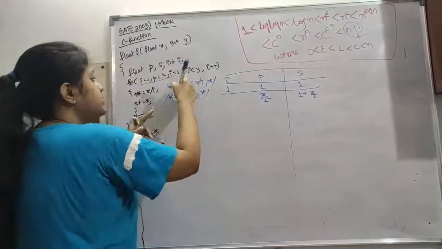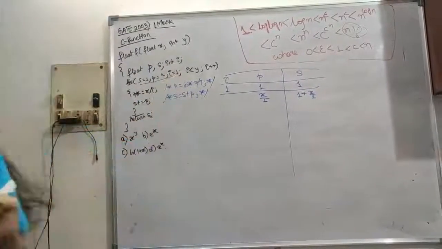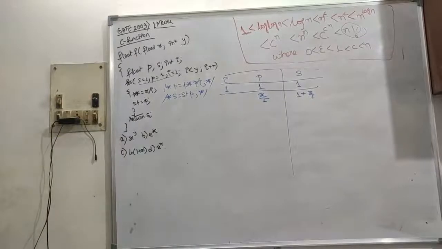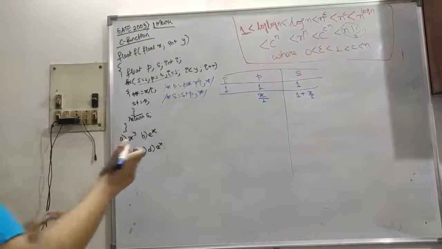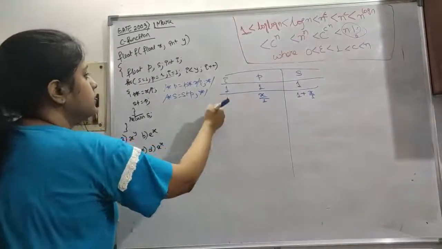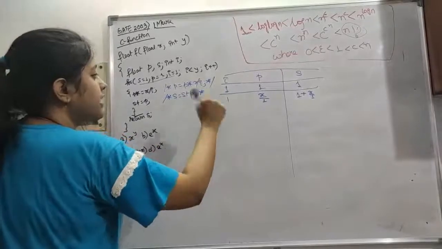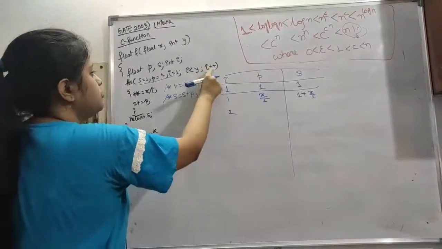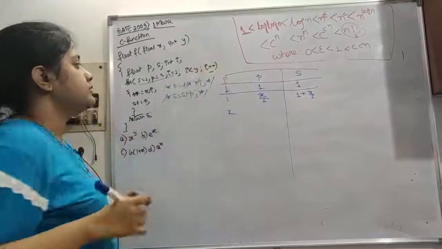So now, not x, sorry, I is incremented. I is incremented to 2. See this here, I is incremented to 2.